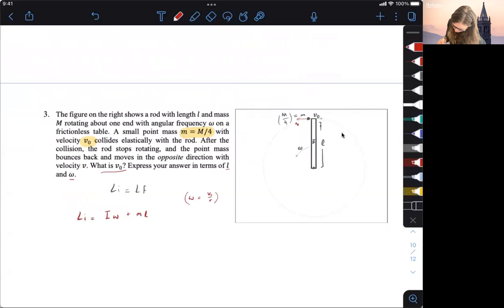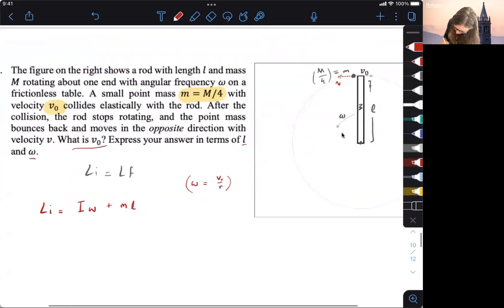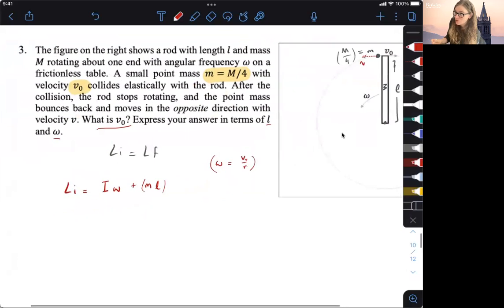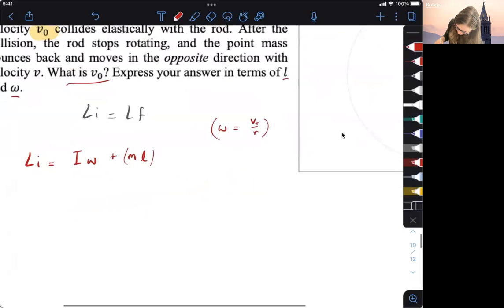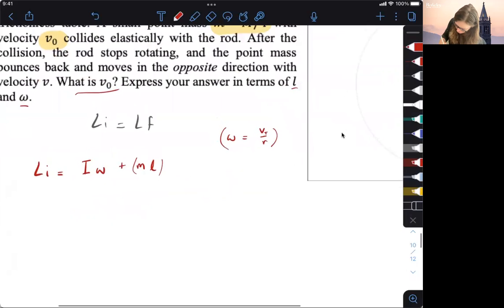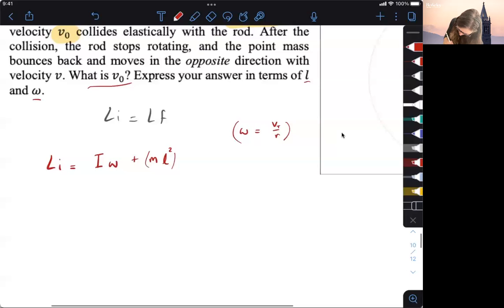So when we do so, we're treating it as a point mass. And so I of a point mass, sorry, this is L squared, is going to be equal to mr squared. And that's what we're going to use here.